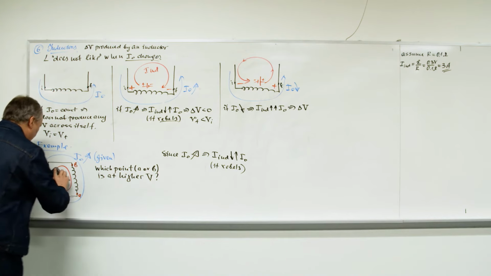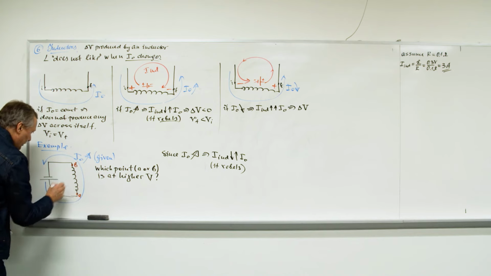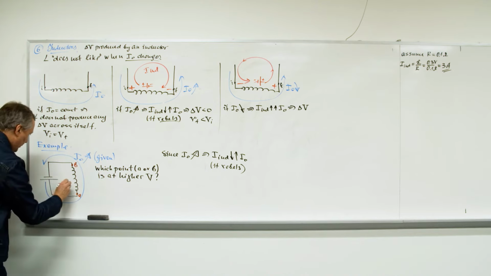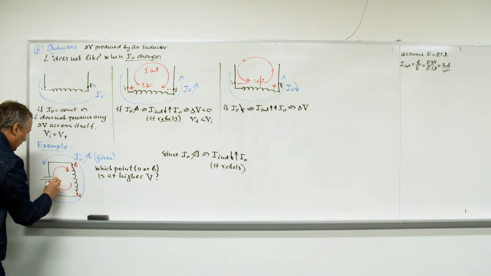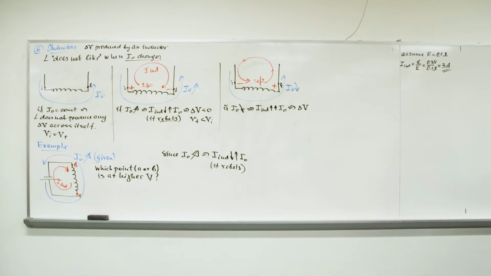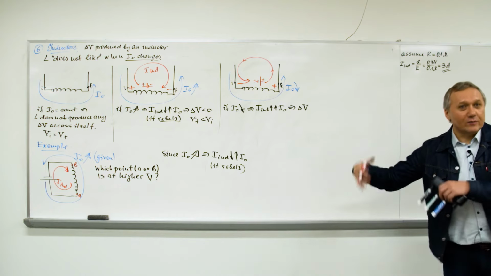Well, you know what, let me draw it. Since the source is the inductor, let me draw it this way. So this is counterclockwise, so it should be clockwise. So it's like this, right? This is I induced. And now we know this current is produced inside of the inductor.